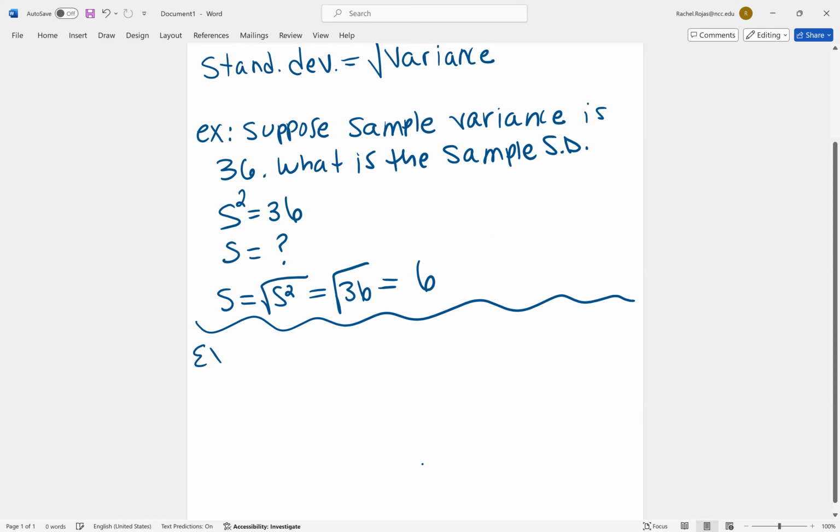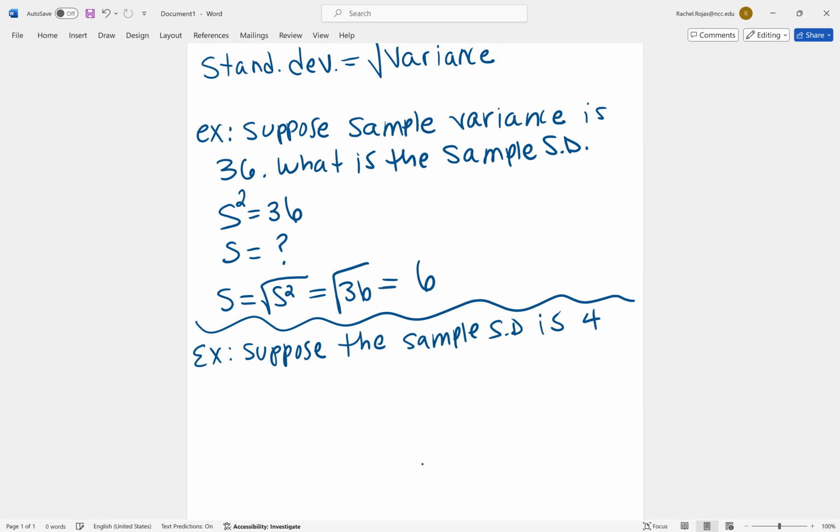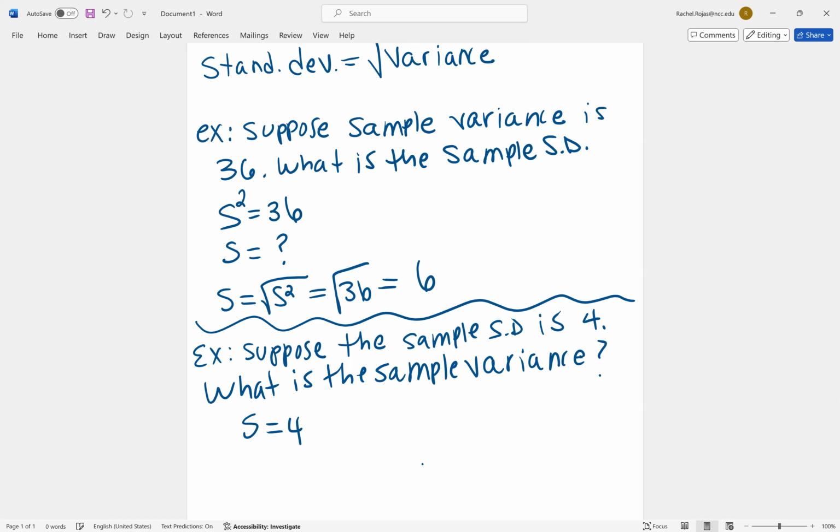Let's do another example. So let's suppose the sample standard deviation is 4. What is the sample variance? So the sample standard deviation, S, is 4.